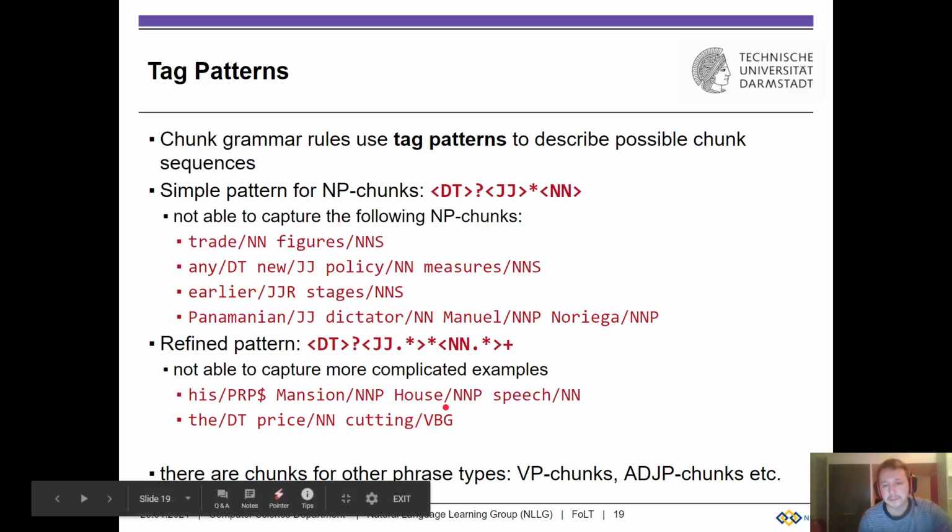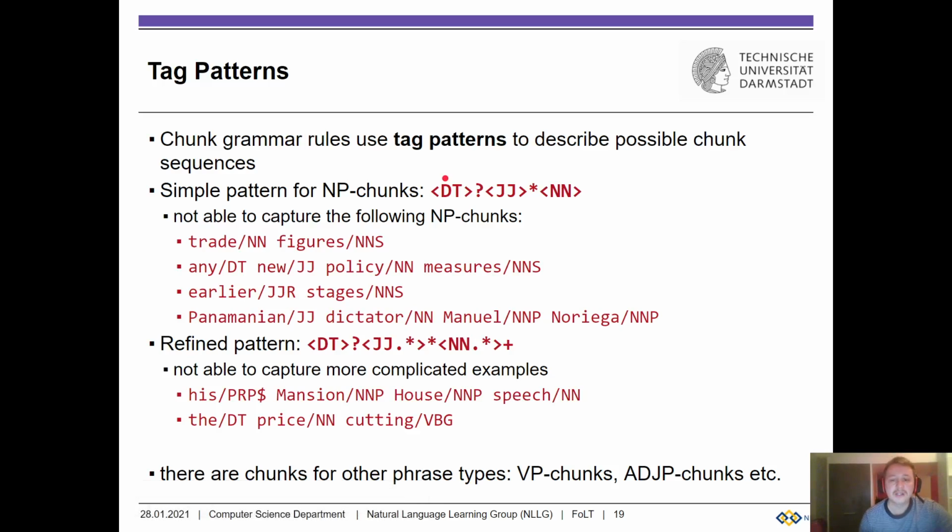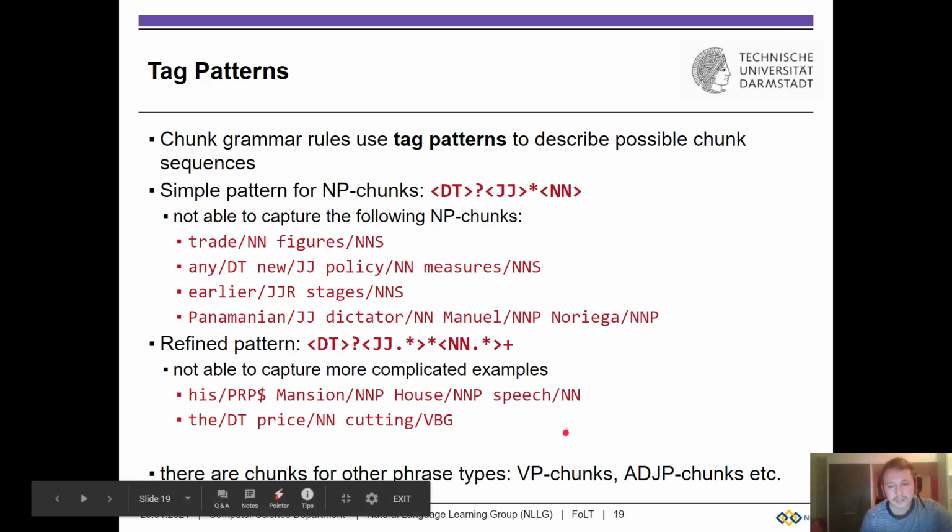If the part of speech tagging is not good, the chunking will also not be good. And of course, we focus here on noun phrase chunks, on NP chunks, because we want to detect entities, and entities are often parts of chunks. But we could do similar things for verb phrase chunks or adjective phrase chunks.